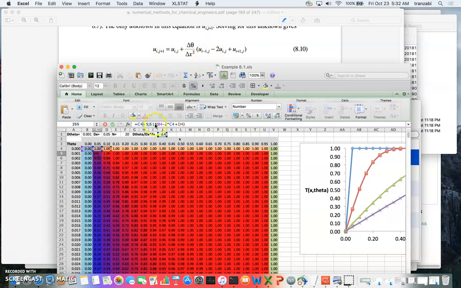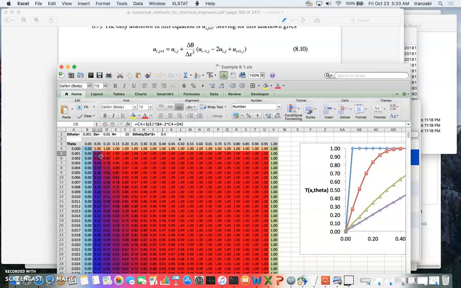So I have to go to row j, which is the previous row, and column i minus 1, previous column. Okay, that's 1 here. And then minus 2 times the current column, previous row. So here is the blue cell, current column, previous row. And then here is the next column, previous row. That's the brownish one. Okay, that's it. So we have this cell.